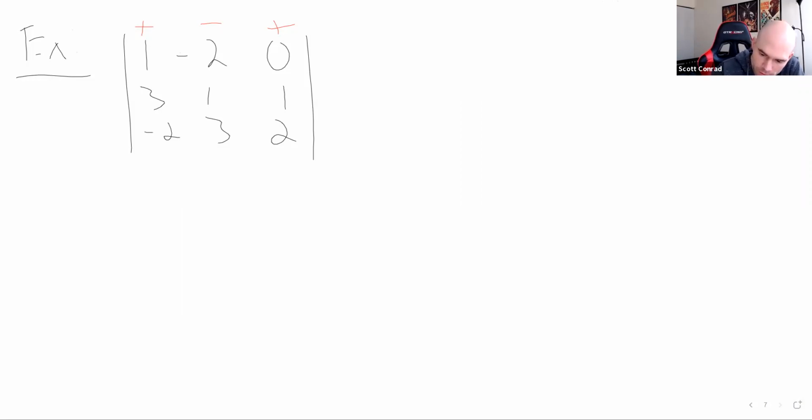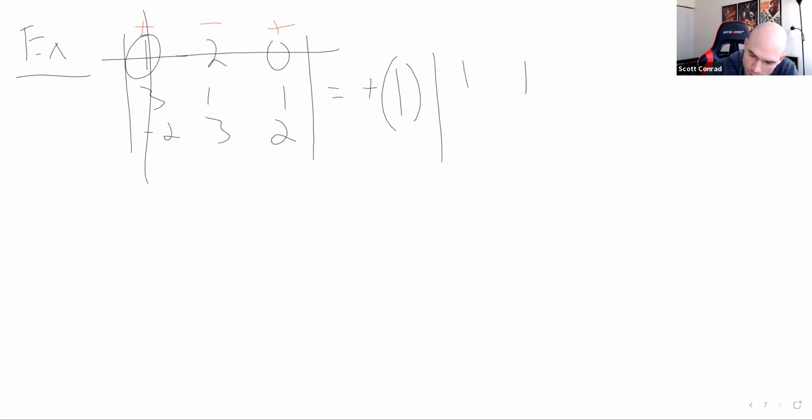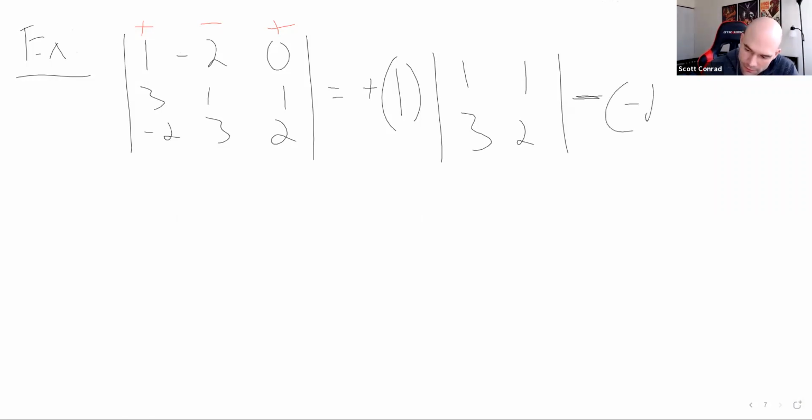Okay, so we start with the first entry. Cross out the row and column containing that. So positive 1 times the determinant of 1, 1, 3, 2. We'll calculate that in a sec. Then move on to the second entry. It's a minus. So minus negative 2.